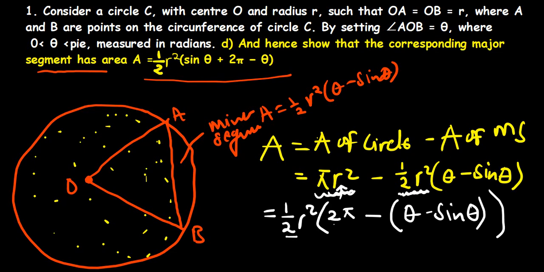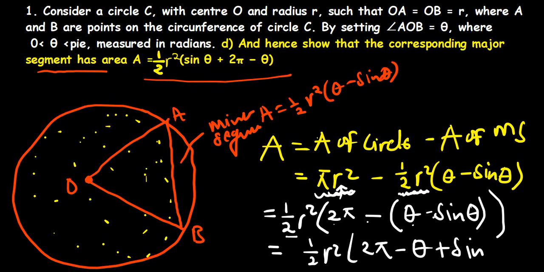And then from there we can just multiply what is inside. Outside we have half r squared, and then we have 2 pi. This negative with this theta, I'm going to have minus theta. This negative with this negative, I'm going to have plus sine theta. So we can see that our formula is shaping up there.